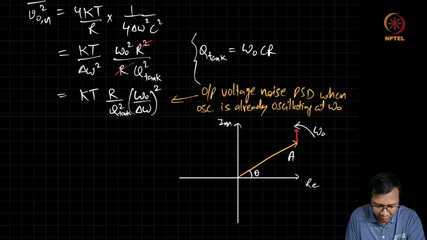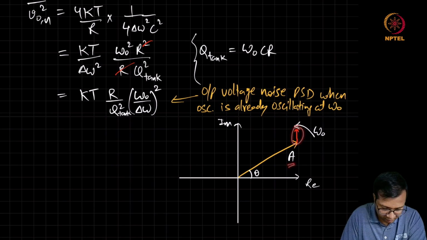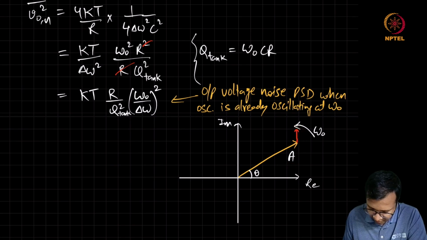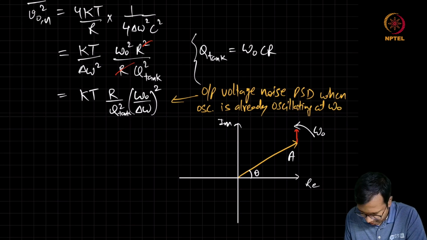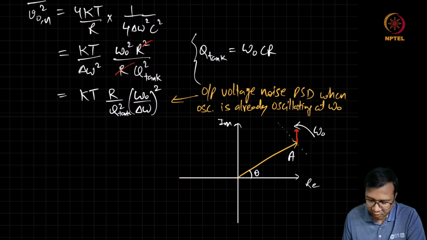So the net result is going to be a vector sum of this signal which is already present with the noise. So to understand the impact of this noise onto the phase, we can resolve this noise into two components.